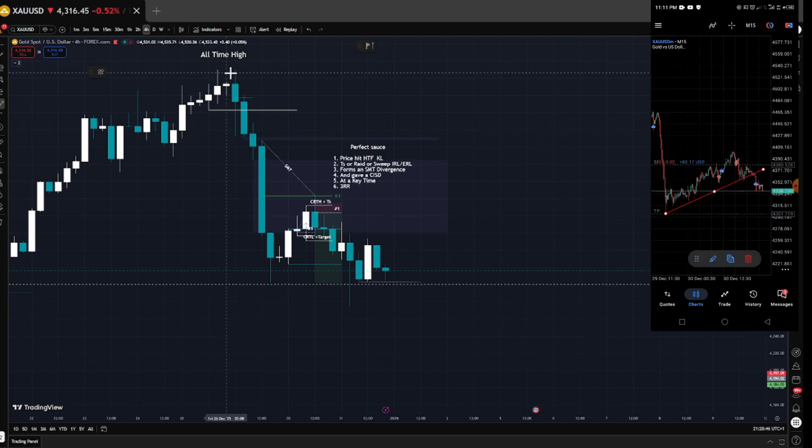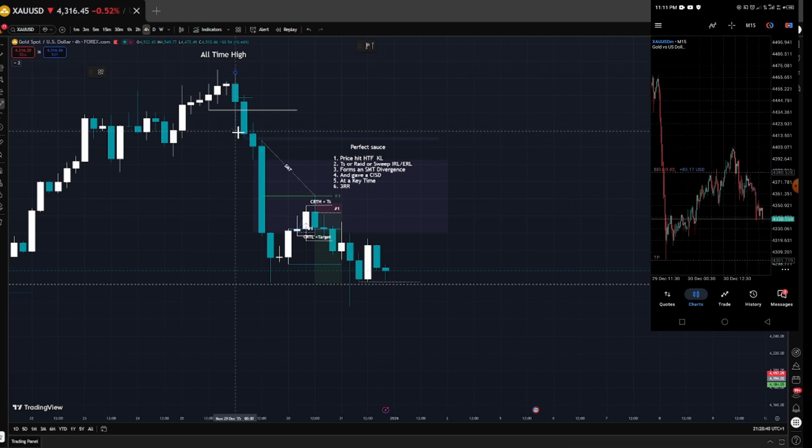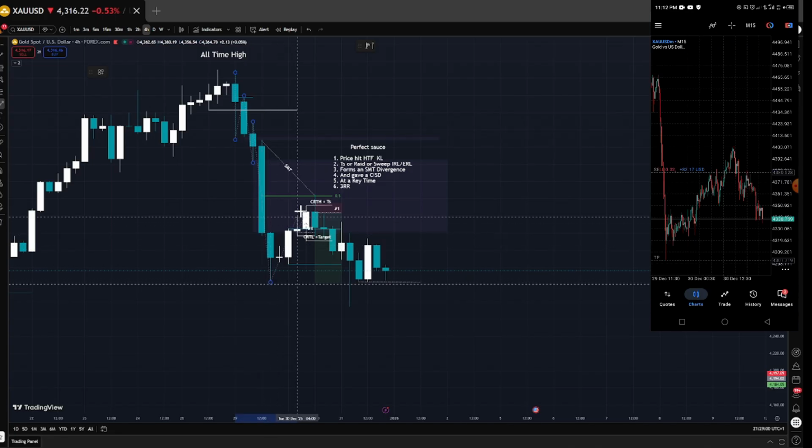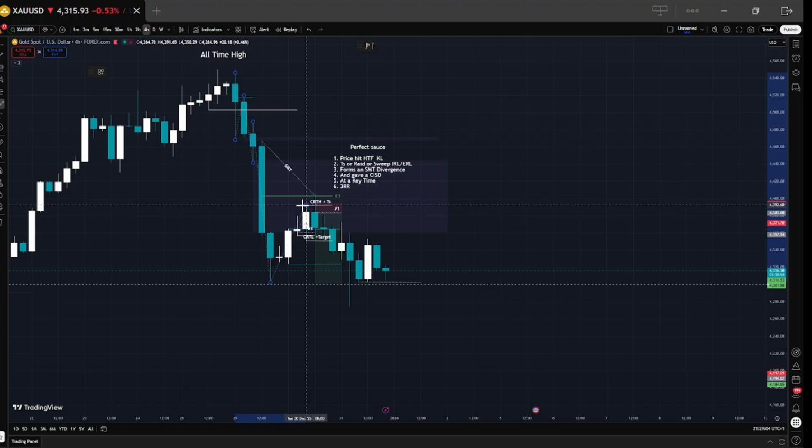We have a high, a low, a lower high, a lower low, a lower high, a lower low to this point here, and this is a low here, a higher low rather.